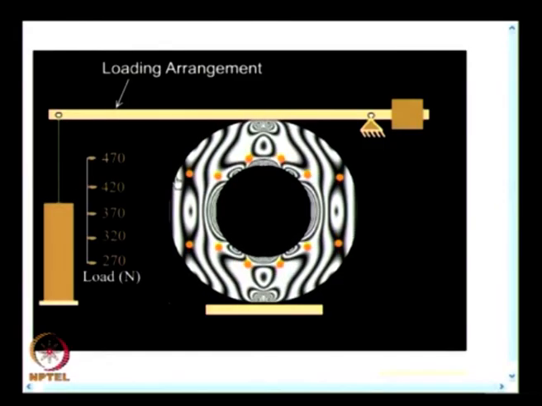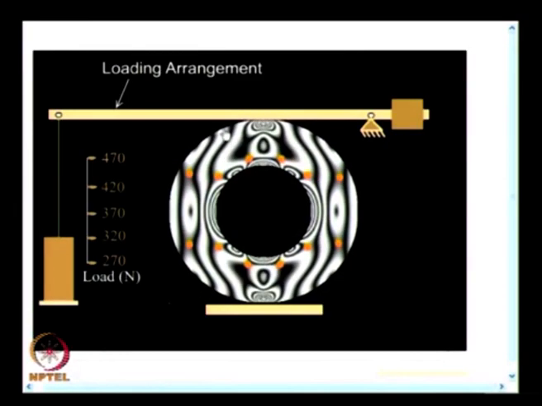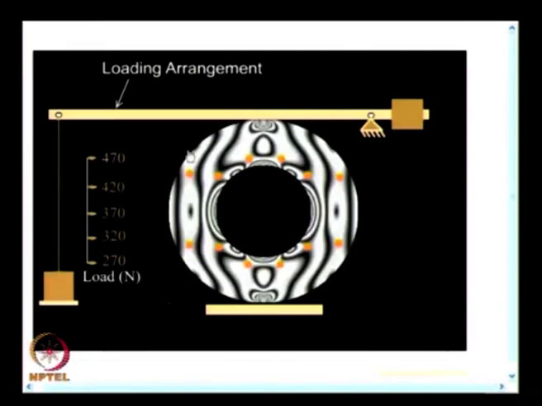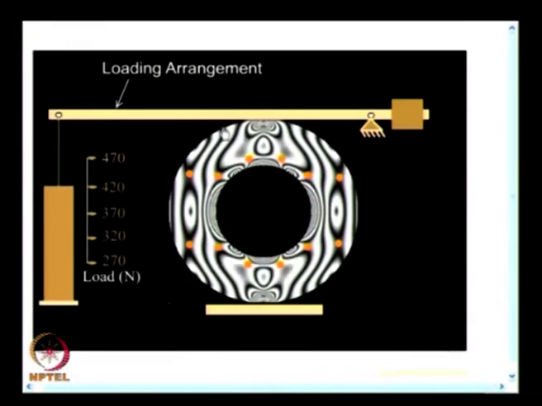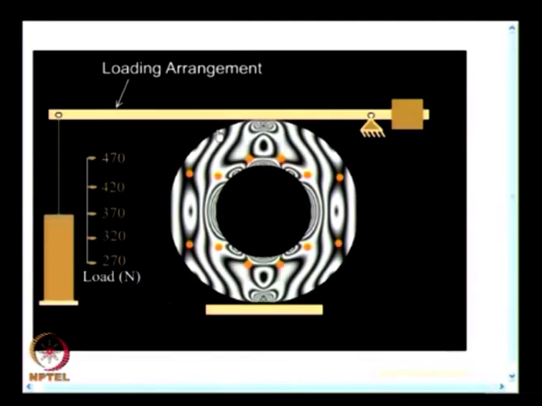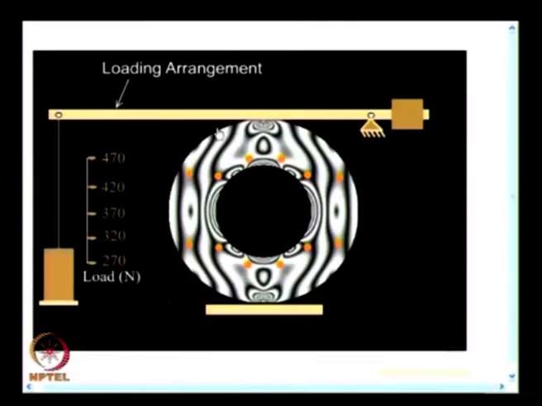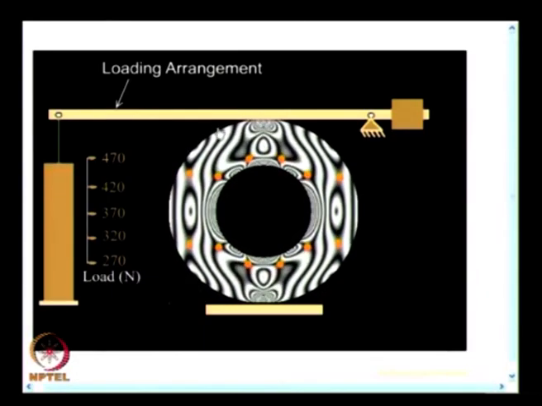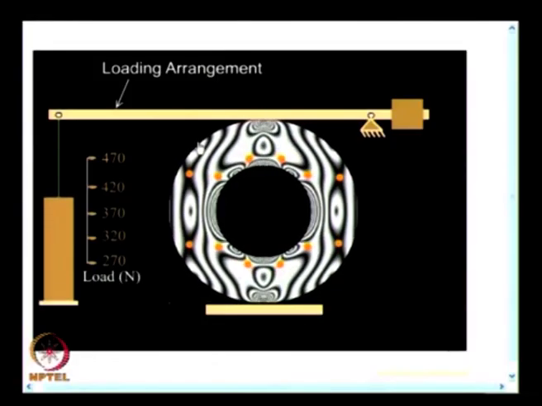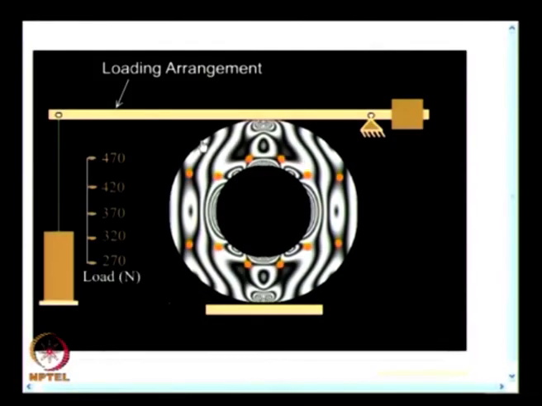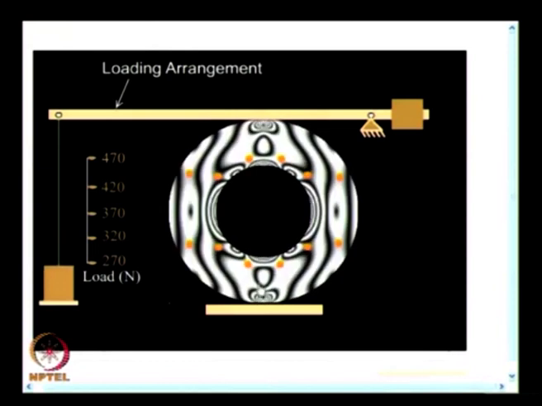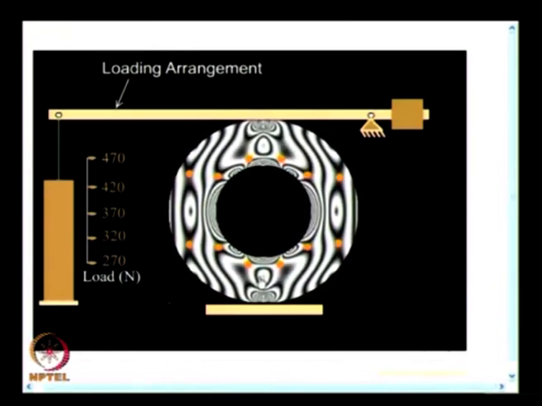Whenever I cross the fringe order 0, the sign of the boundary stresses changes on the boundary. You have to understand that. When I cross 0, I can cross only when there is a sign change, and you have two sinks in the ring under diametral compression.